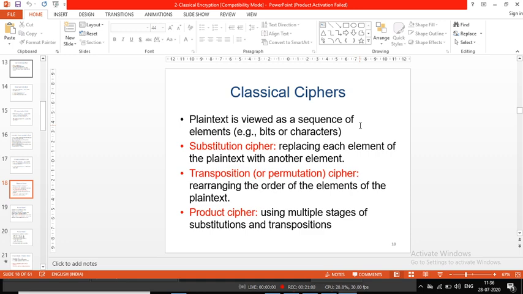Fifth one, polyalphabetical cipher, which is also known as Vigenere cipher. You just note it down. And the last one is one-time pad.